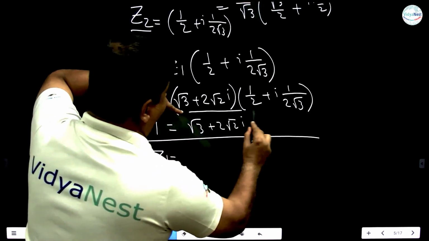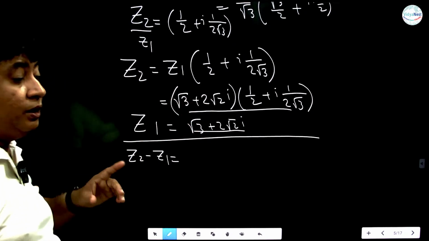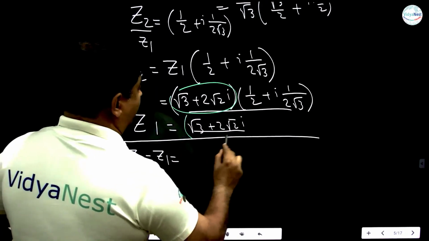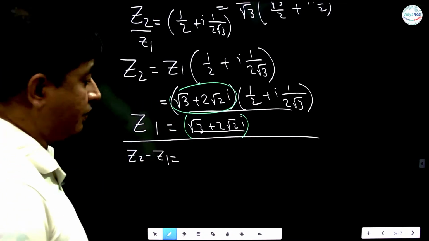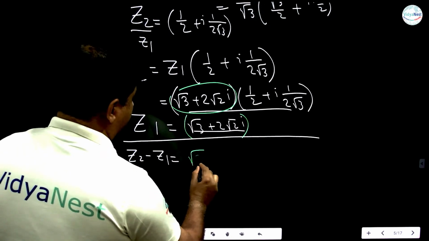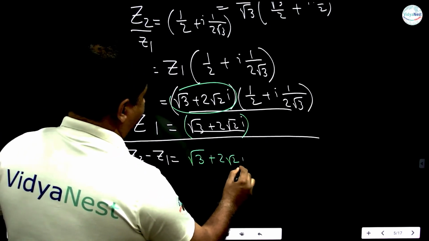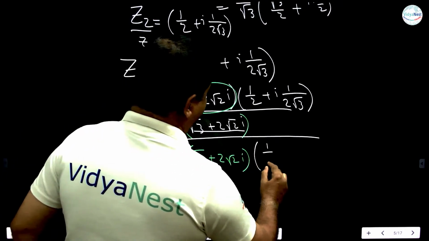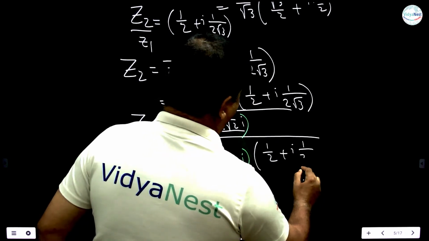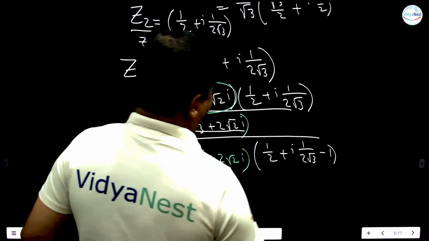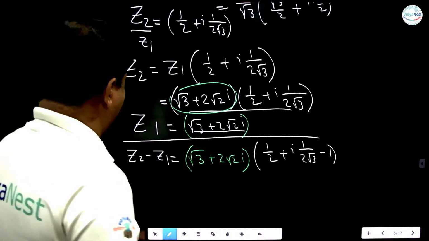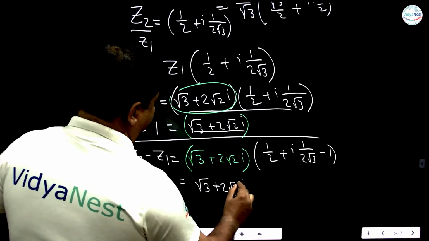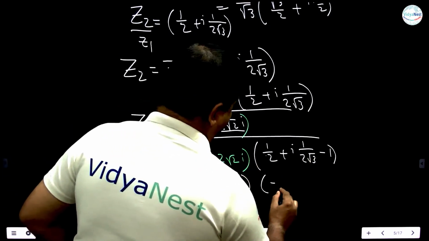So if I subtract, can you tell me, कॉमन पार्ट है क्या? हाँ, उसको कॉमन ले लो, तो ब्रैकेट में रहेगा क्या? हाफ आई 2 रूट 3 माइनस 1, root 3 2 root 2i into half minus 1 minus half.